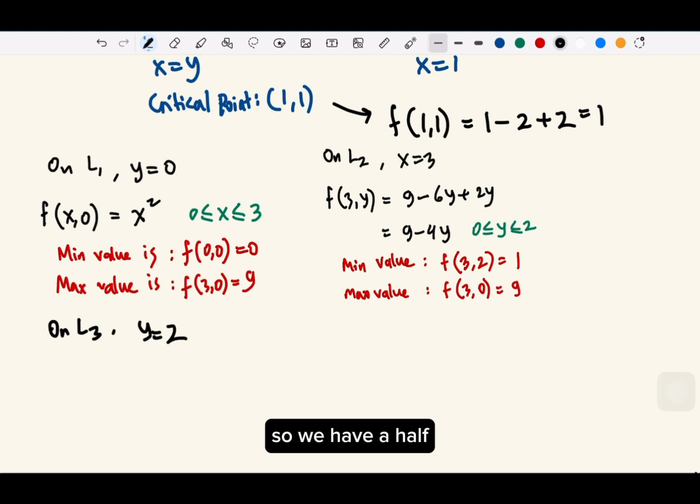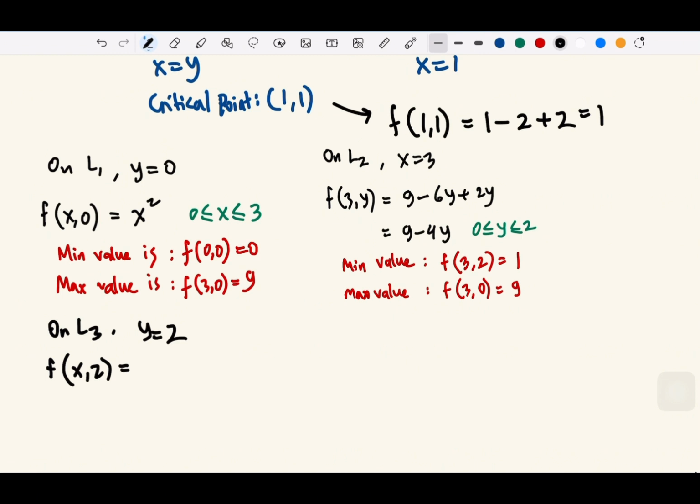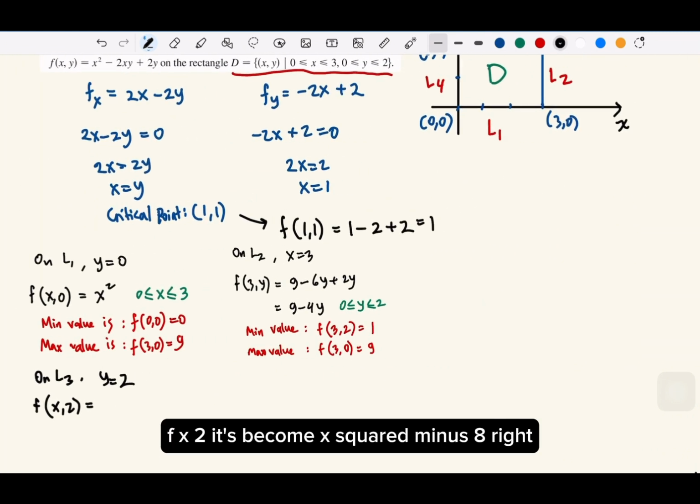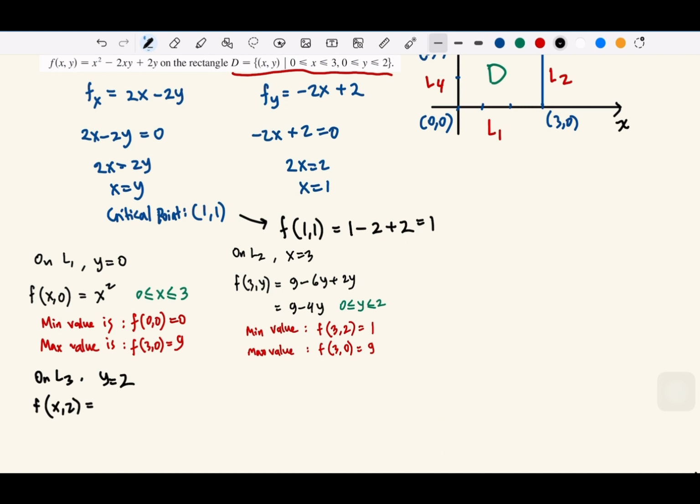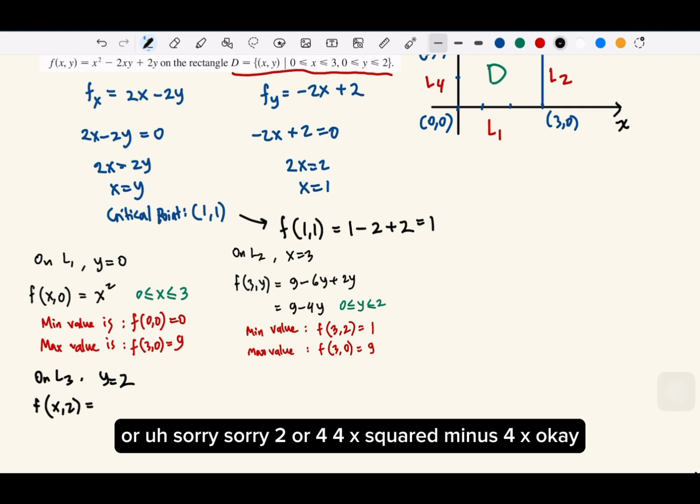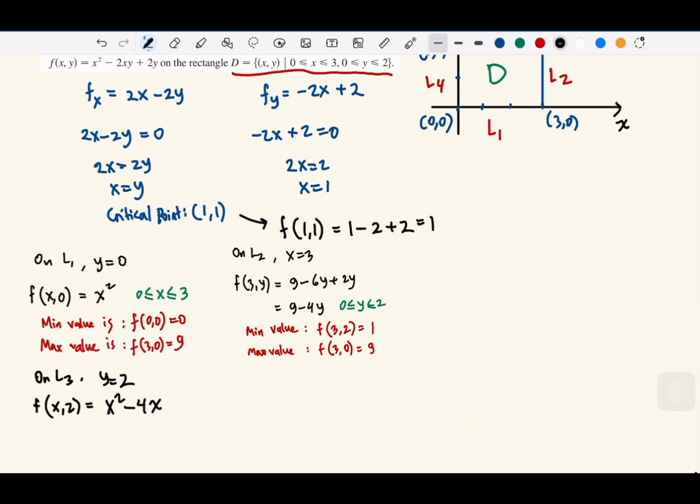So we have f(x, 2). It becomes x squared minus 8x plus 4x... sorry, x squared minus 4x plus 4. Okay. This is from 0 to 3 for x.